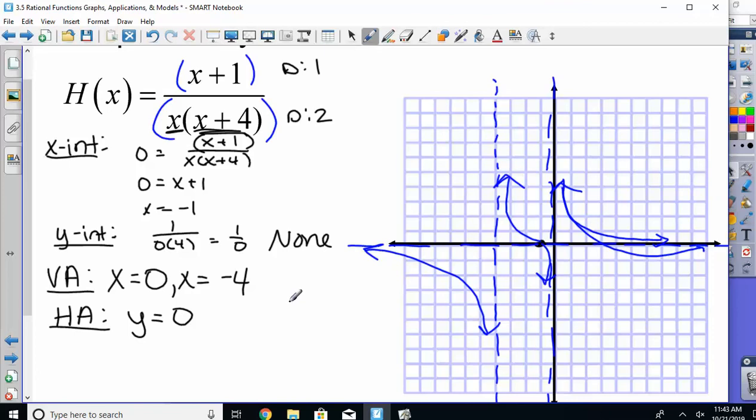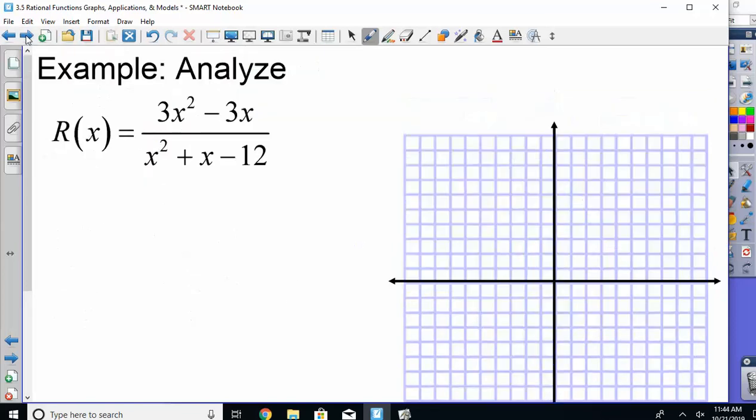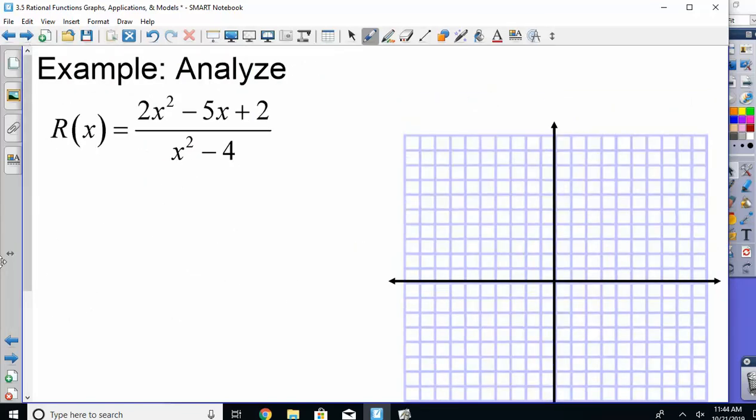Let's do, I'm going to go to this one first. So number 5 on your handout. What am I going to have to do to factor the top?